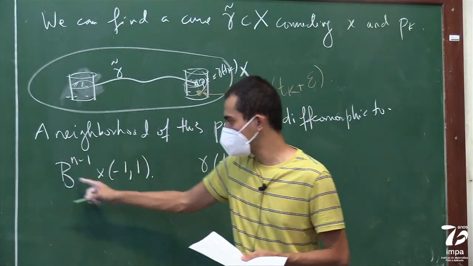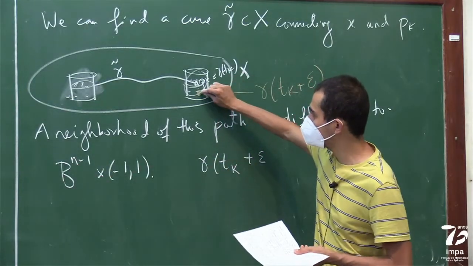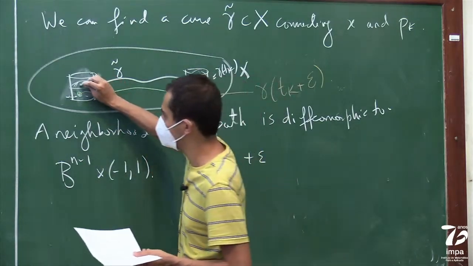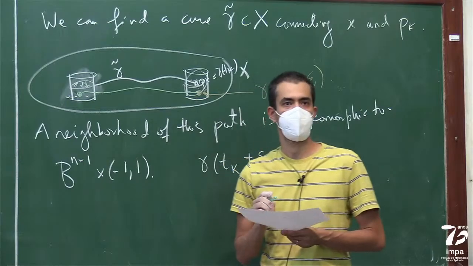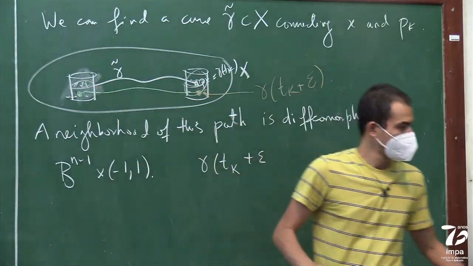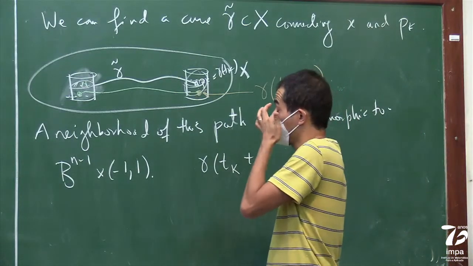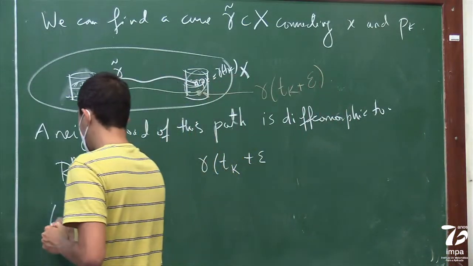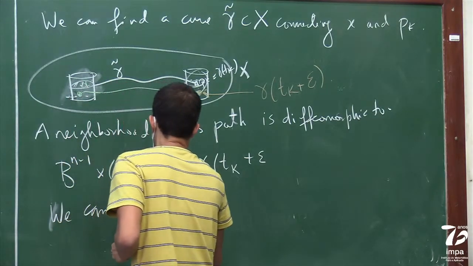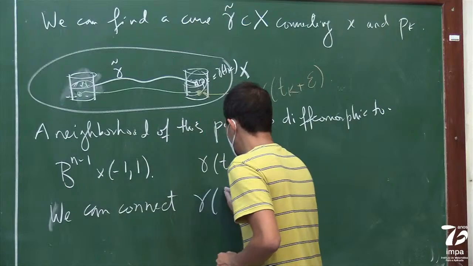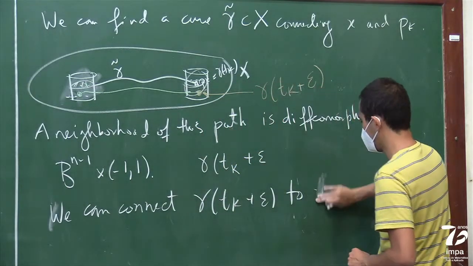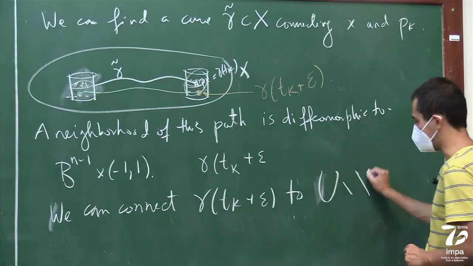And because of this tubular neighborhood theorem, I can connect this guy to the equivalent side near x, or to the positive side near x. So basically, because of this tubular neighborhood theorem, we can connect this gamma of tk plus epsilon to basically U minus x.